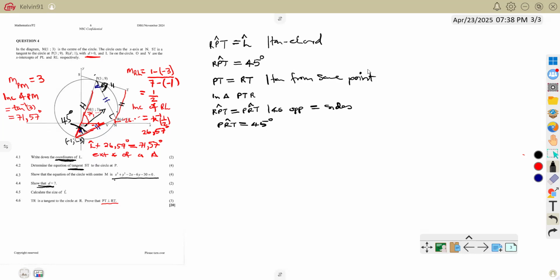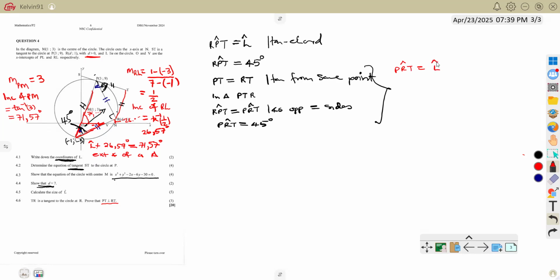Still on that angle PRT, we can use an alternative. We can come here. This is a tangent. This is a chord, and they subtend an angle in the alternate segment. So alternatively, we can just say PRT must be equal to the angle in the alternate segment.